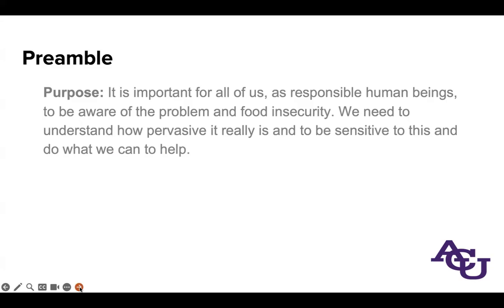Period. End of quote. I mean, you can't get any clearer than this preamble to this assignment. This is for all human beings. You can't get away from it because you've got money and don't have to worry about it. No, this is for everybody to consider.